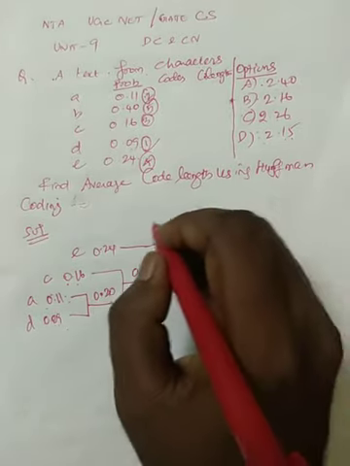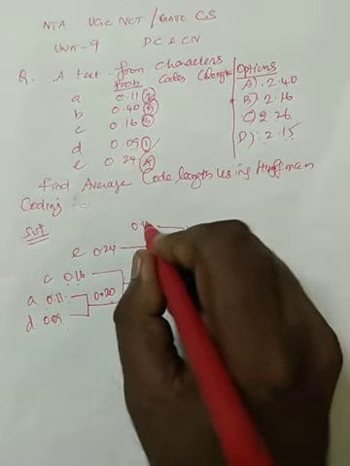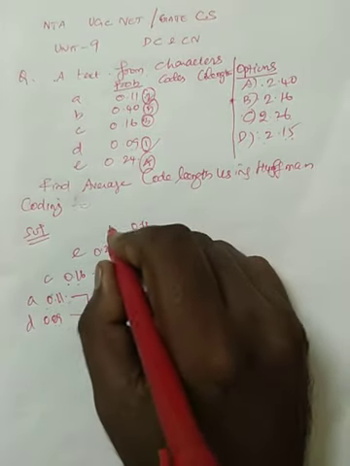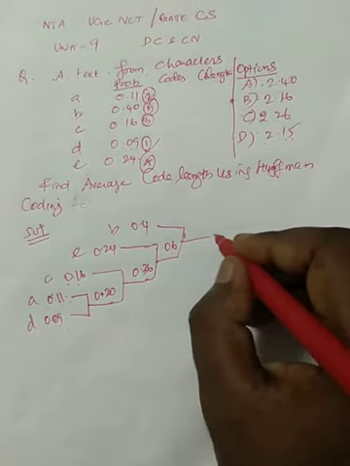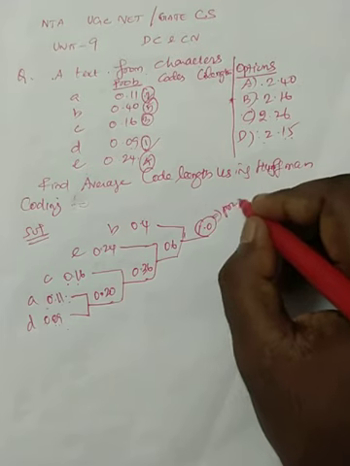Again it should be added with the next probability, which is 0.4, the corresponding letter being B, and we get 1.0 as the probability.